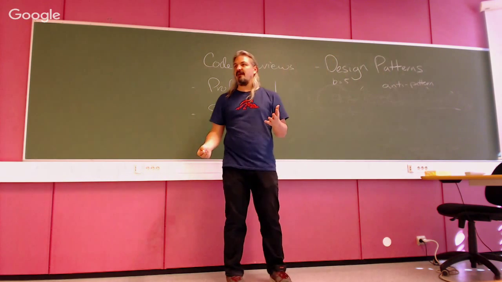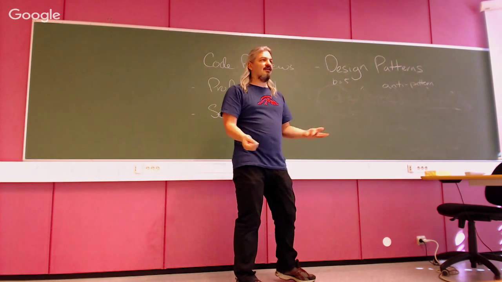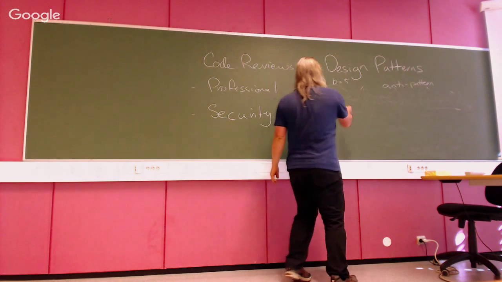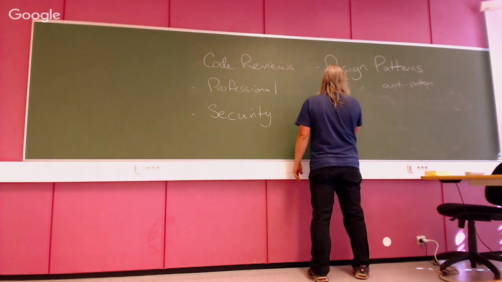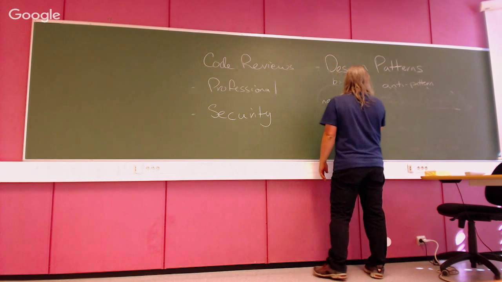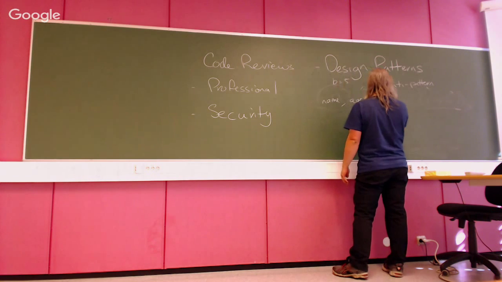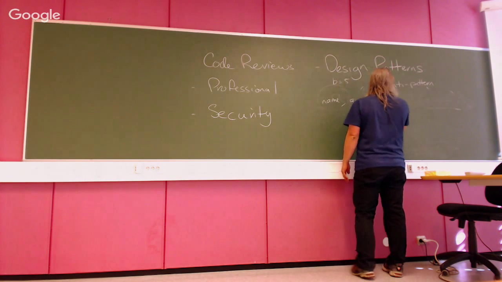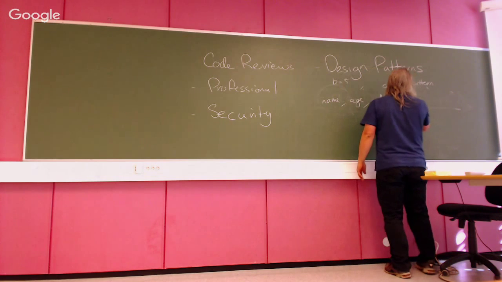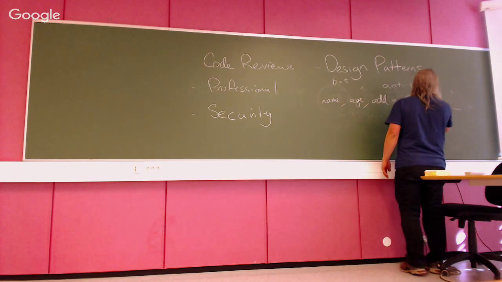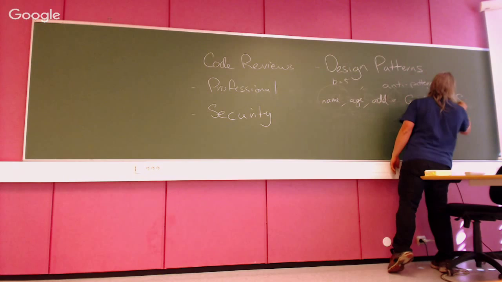So if you want to set name, age, address, you go name, age, address equals get details, string.